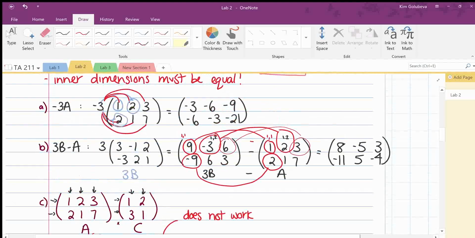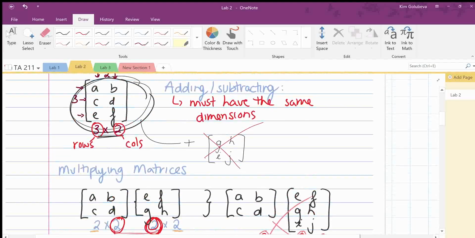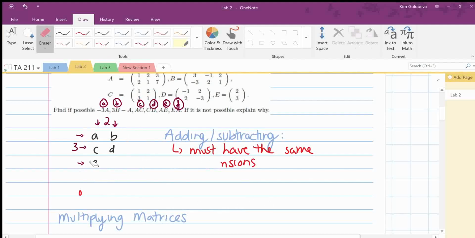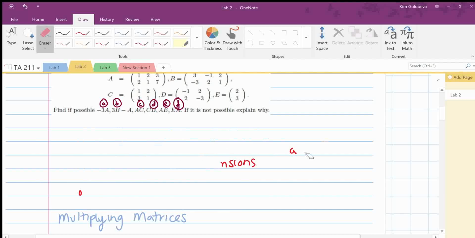Okay? I'm running out of room here, so I'm just going to erase this stuff up here. Okay. So we'll go on to D now. D is asking us CB.